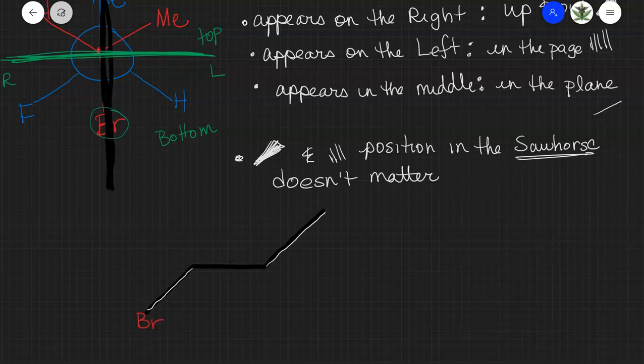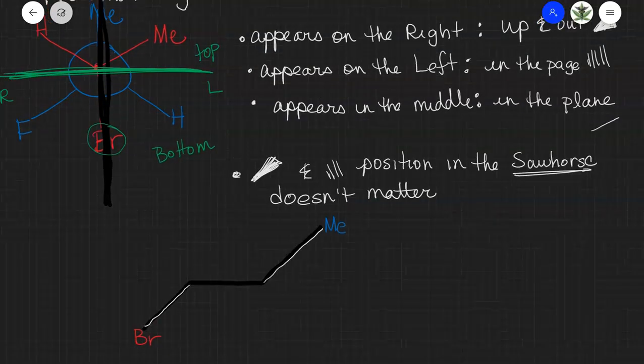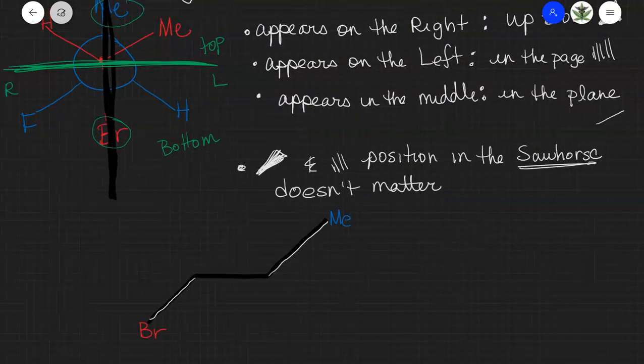And at the top, we have a methyl, which is this atom here. And we're drawing just a single line because that's our black line in the middle representing in the plane.